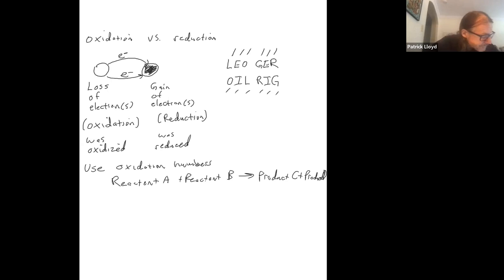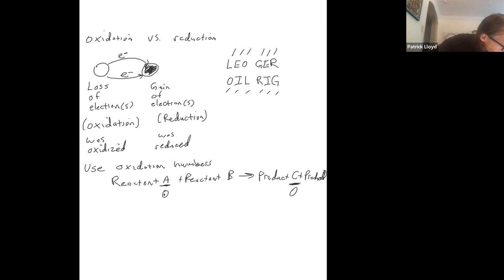That's a D over there. Okay. So let's say A and C have the same element. Let's say they have oxygen in them. If the oxygen atom becomes more negative, that means it gained electrons. So that's reduction. If, on the other hand, the oxygen becomes more positive, then that's losing electrons, that's oxidation.